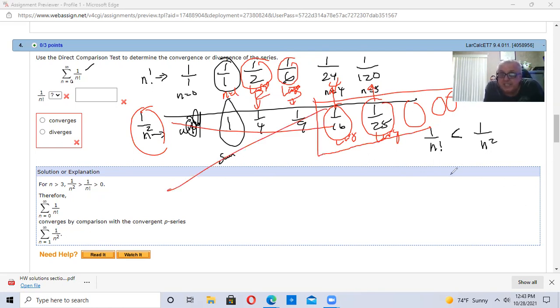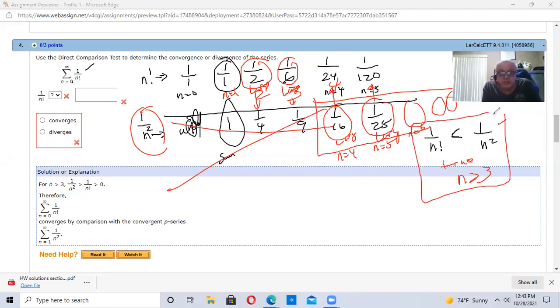That's why we say this holds true. Since the n squares are larger, but they're only larger when n is greater than 3, when we start with n equals 4, 5, 6. So this does hold true if n is larger than 3. And that's why they say this. We can compare these two if n is greater than 3.